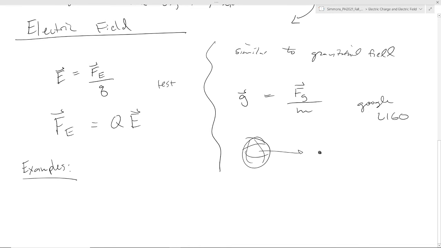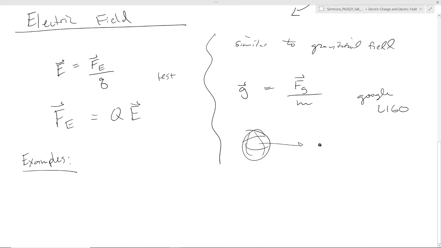There's one example that you kind of already know the answer to, and that is the point charge. So if you have a point charge, let's just call it Q1.